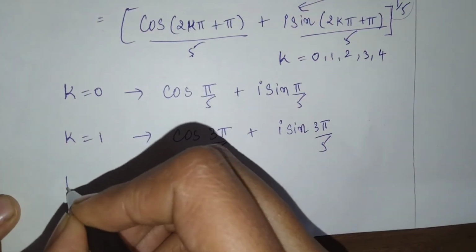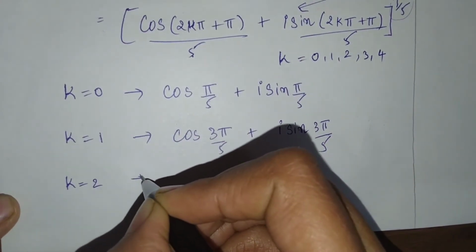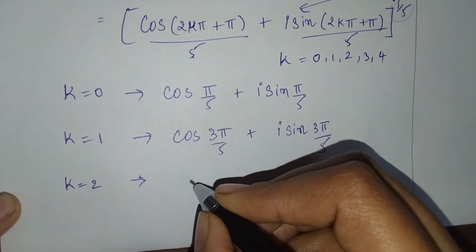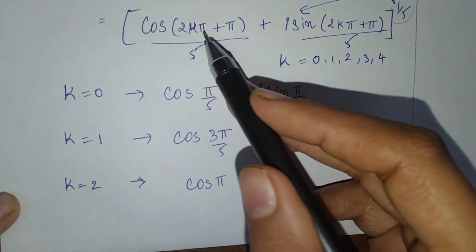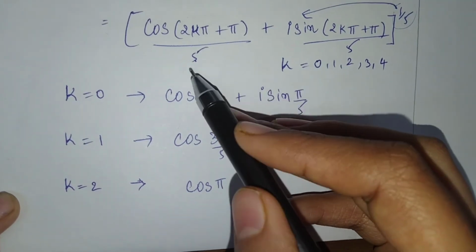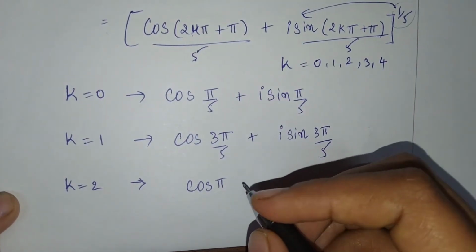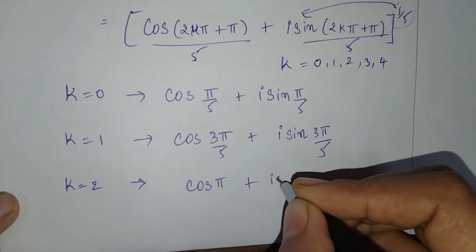Now whenever I put k equal to 2, I will get cos pi, because 4 pi plus pi is 5 pi and the 5 will cancel. So we will get cos pi plus i sin pi.